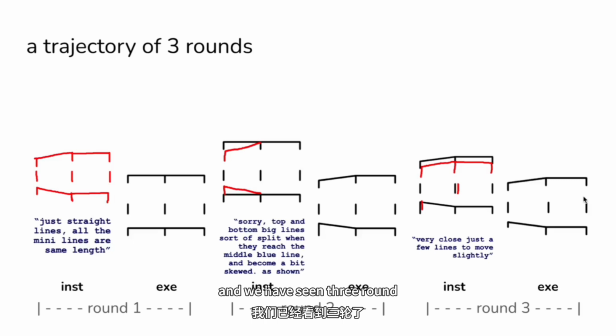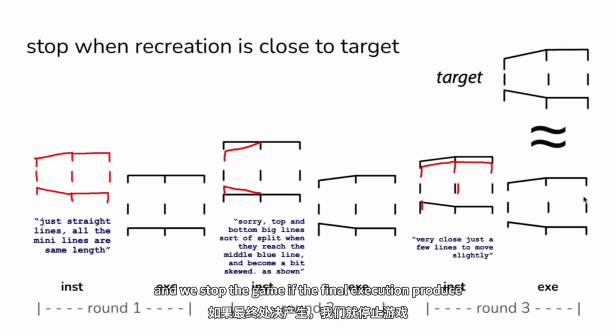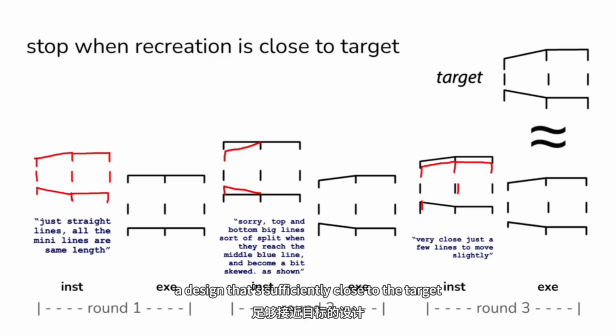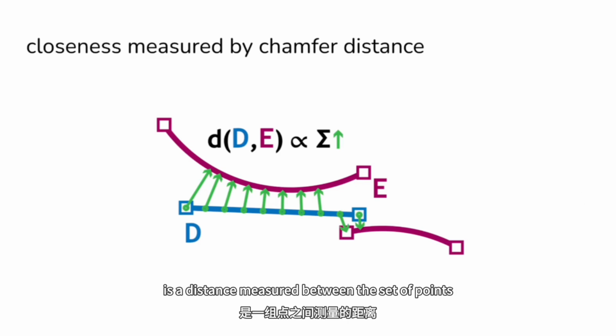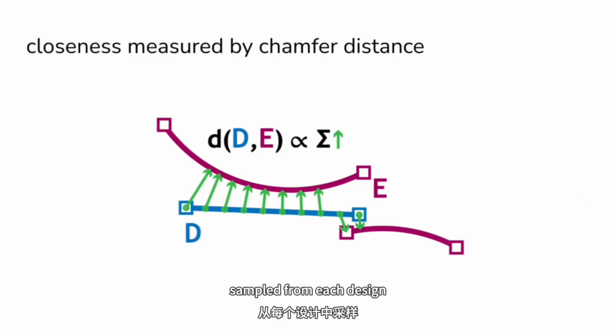And we have seen 3 rounds. So this is a trajectory between the designer and the maker in 3 rounds of instruction and execution pairs. And we stop the game if the final execution produces a design that's sufficiently close to the target. To measure distance, we use chamfer distance. Essentially, it's a distance measured between the set of points sampled from each design.